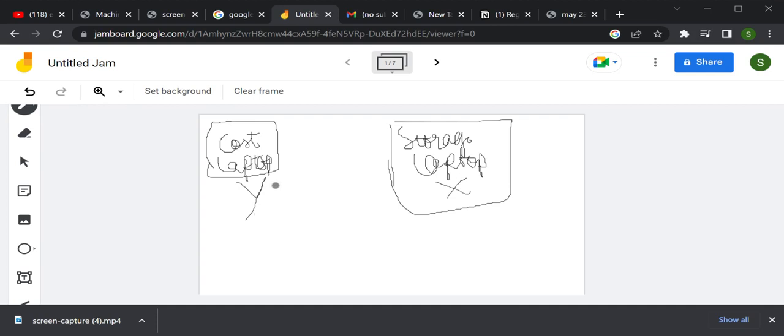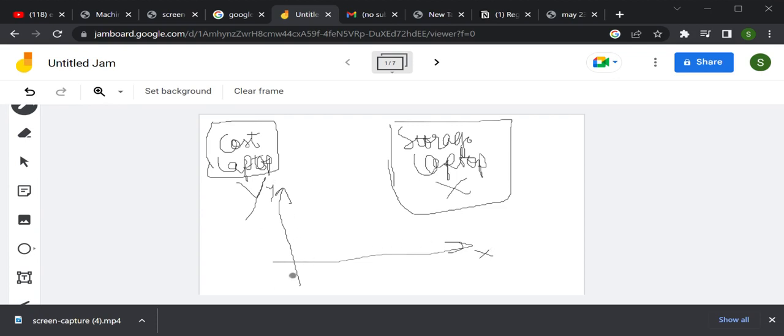Now if the cost of laptop is high, generally the storage would be increased as the cost will increase of a laptop. Now we can predict the value of storage by understanding the cost of a laptop. So we can plot a graph here. Consider this axis as y-axis, that is cost of laptop, and consider this as x-axis, that is storage of laptop.